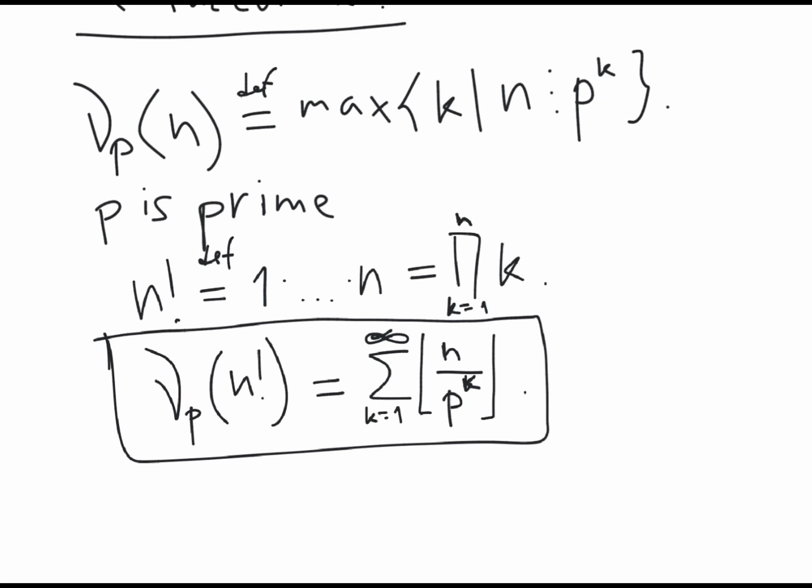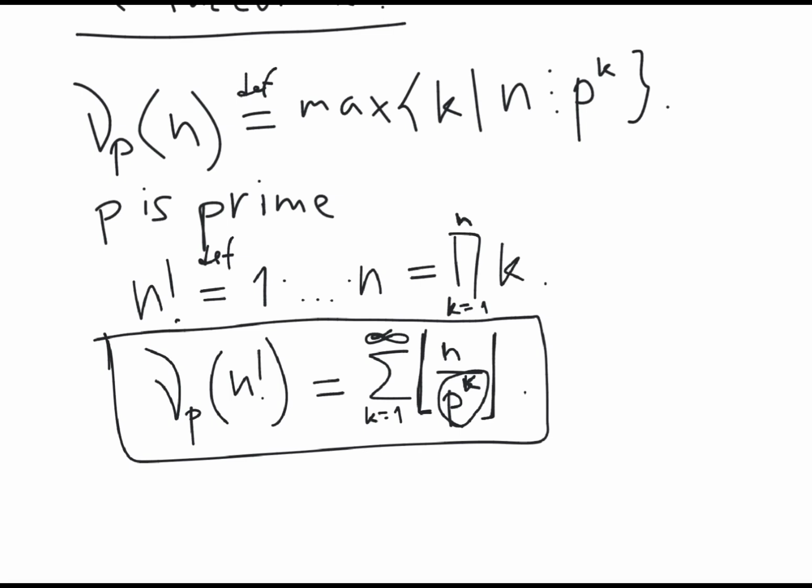This is because the denominator p to the power k grows with k, while the numerator is fixed. So starting from a certain point, the denominator becomes larger than the numerator, and therefore the floor of such a fraction is 0.